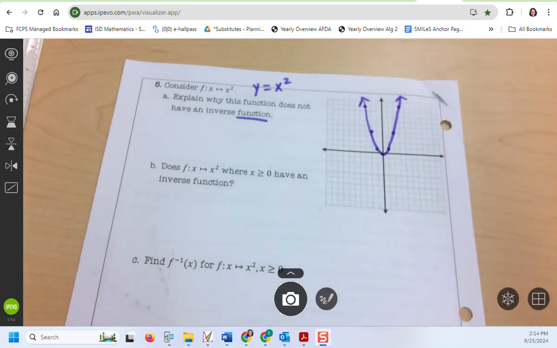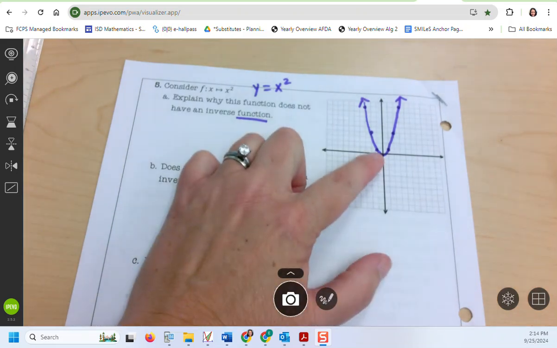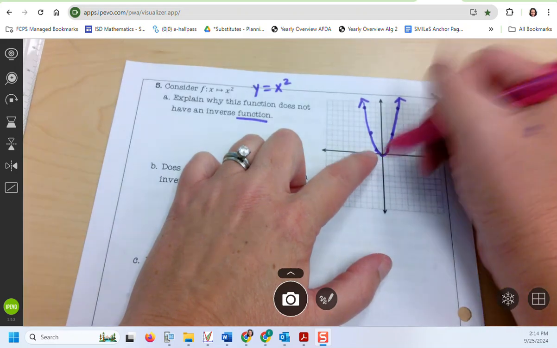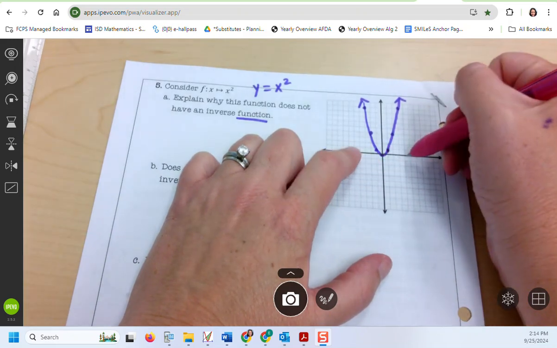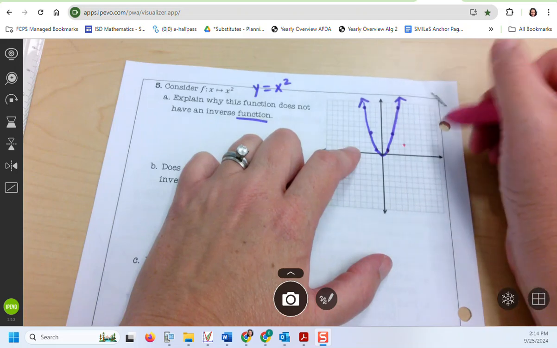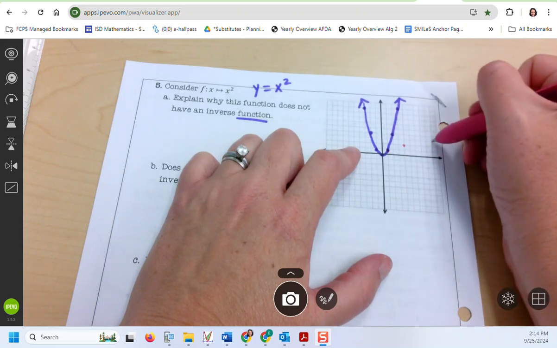Graphically, how could I find the inverse if it had one? Switch x and y, for sure. Okay, so (0, 0) would stay in the same place. (1, 1) would stay in the same place. (2, 4) would become (4, 2). And then (3, 9) would become (9, 3).